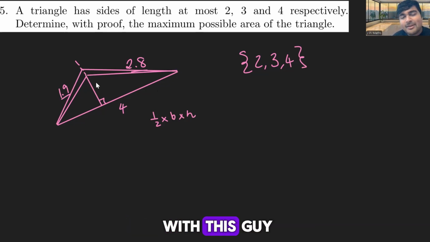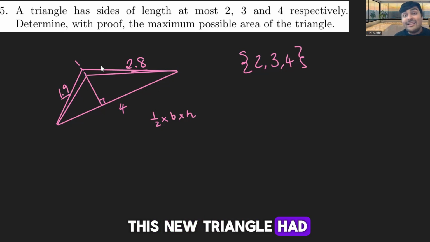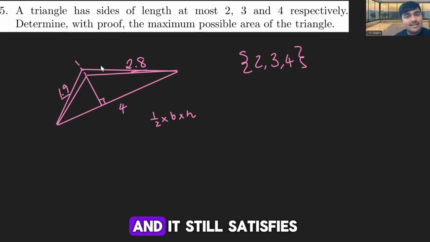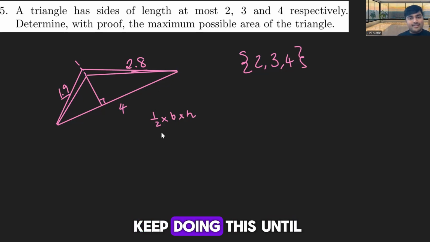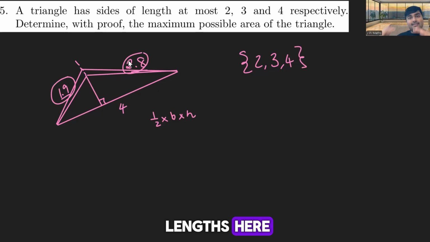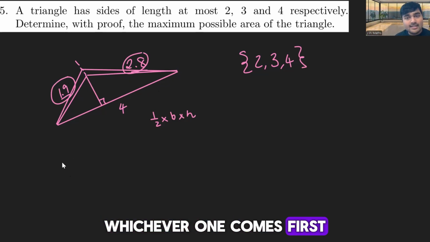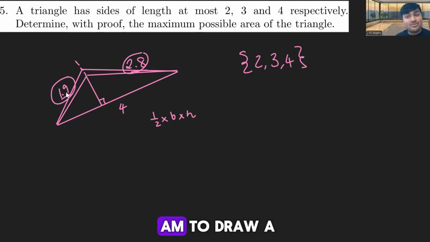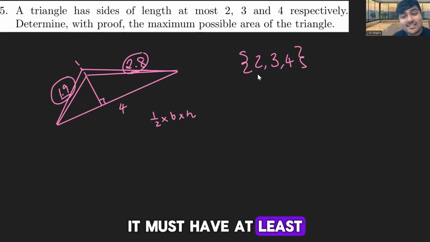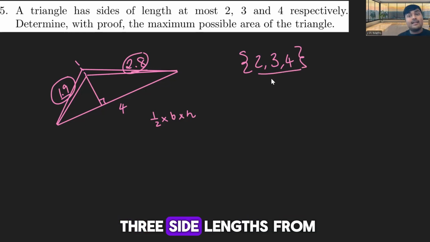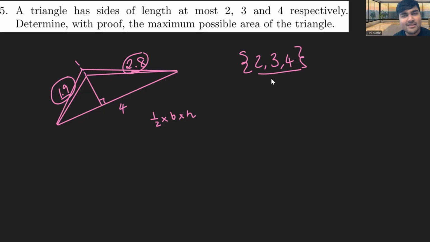And similarly with this guy, make it slightly longer as well, but keeping it less than or equal to 3. But all of a sudden, this new triangle clearly has a bigger area and it still satisfies all the conditions. And so I can keep doing this until one of these side lengths hits the upper bound of either 2 or 3, whichever comes first. And so that means if I am to draw a triangle with maximum possible area, it must have at least 2 out of the 3 side lengths from that set there.